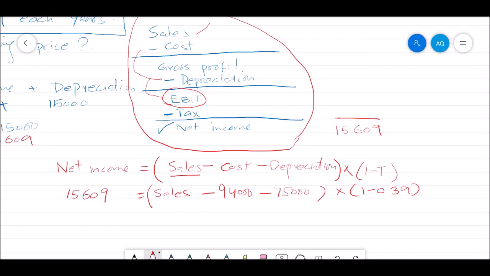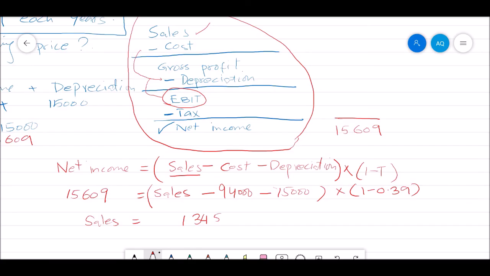If we solve this for sales, we will have sales of 134,589, and these are sales for 5 years, for five trucks.